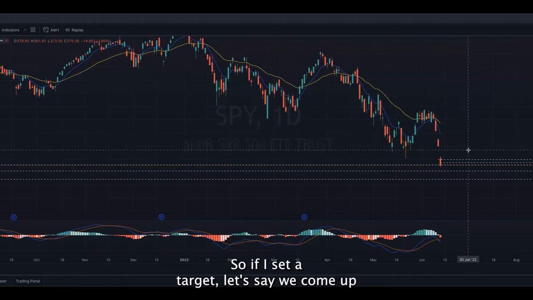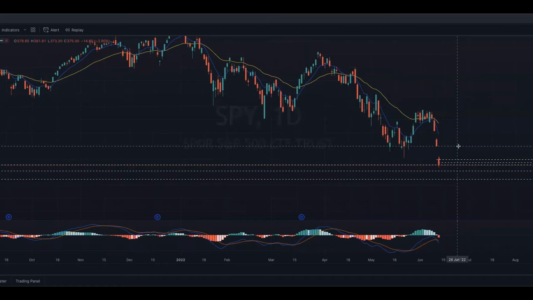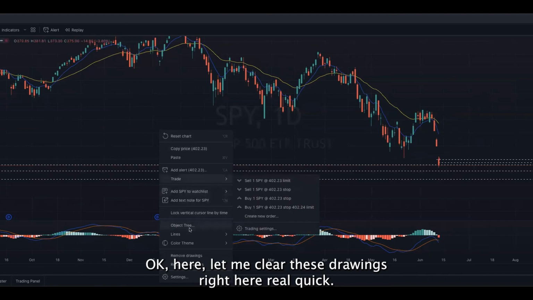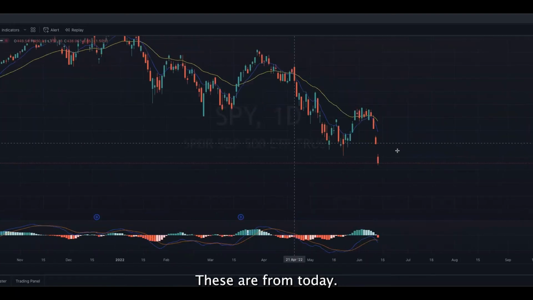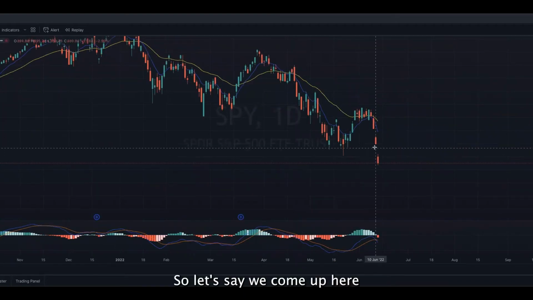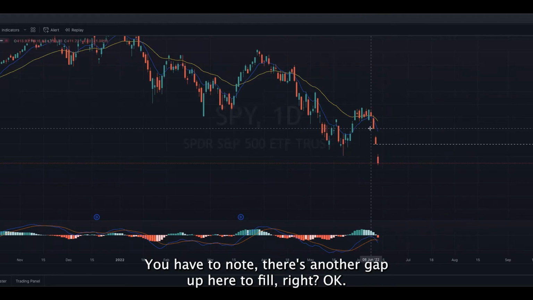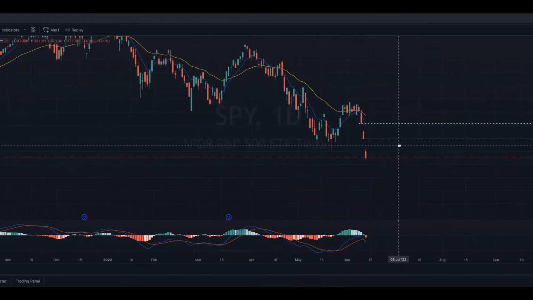So if I set a target, let's say we come up tomorrow and we fill the gap on SPY up here. Let me clear these drawings right here real quick. These were from today. So let's say we come up here and fill the gap on SPY, right? You have to note there's another gap up here to fill, right? Okay.